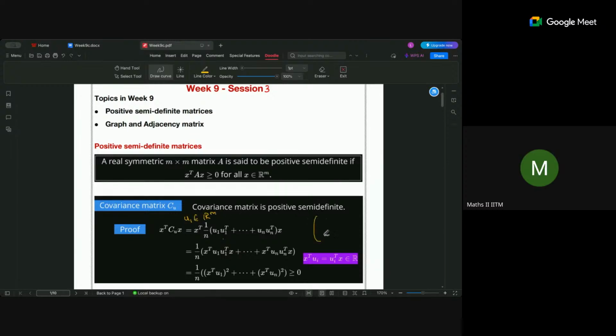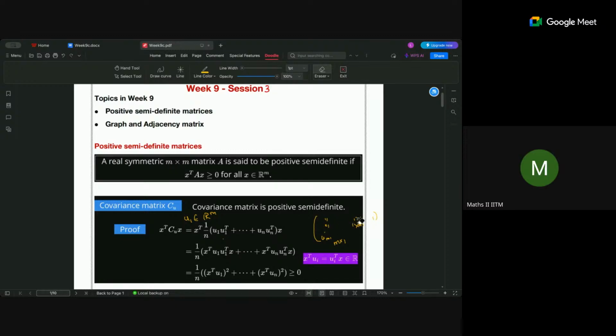It looks like u11, u21, up to um1, so you have m rows, and then the transpose of it. So this is an m cross 1 matrix, and this is a 1 cross m matrix. The result is an m cross m matrix. So now you have n m cross m matrices, and each of these you are multiplying with X transpose in the front and X at the end.